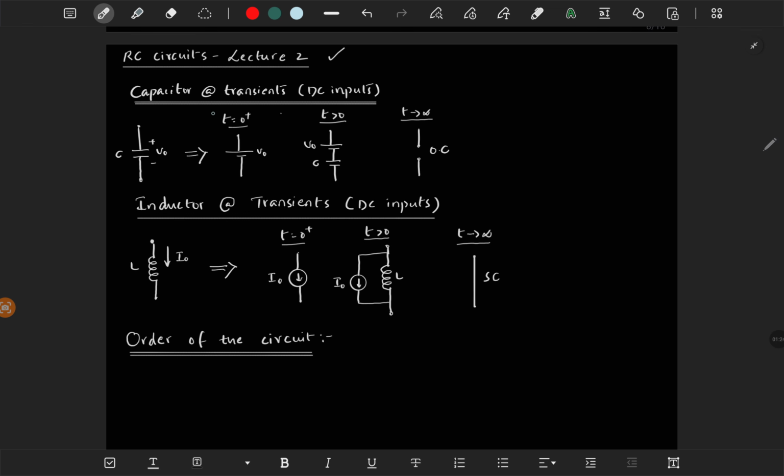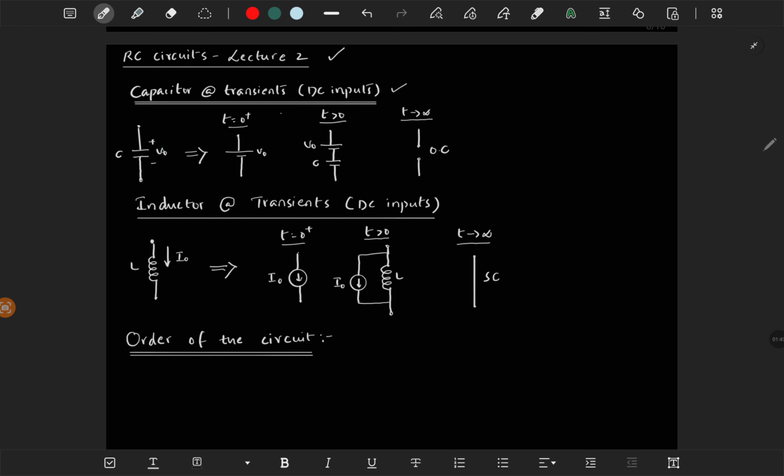So how does the capacitor act in transient circuits? Whenever some switch is closed or opened for DC inputs, this is only for DC inputs, we replace the capacitor with its initial voltage.